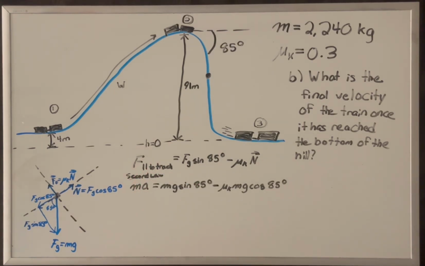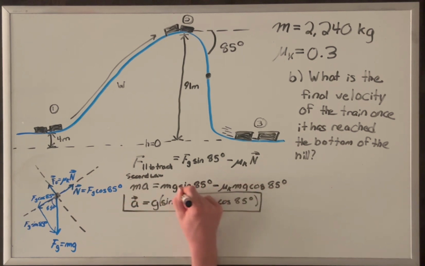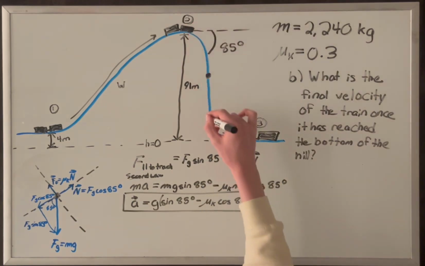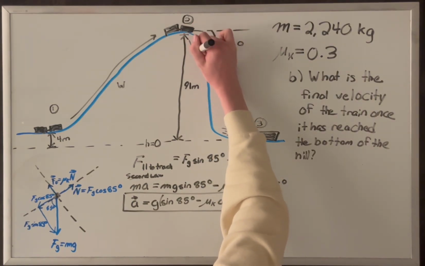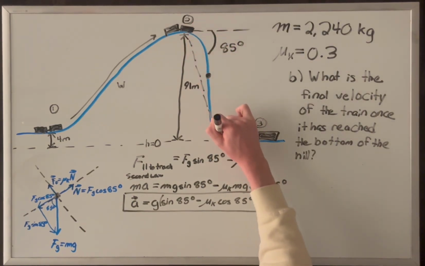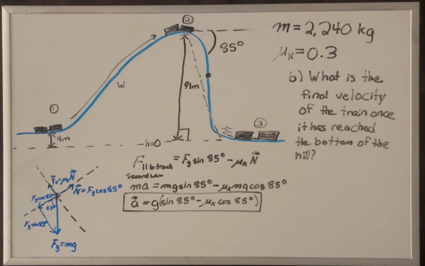So if we plug in for this, and we know that F equals ma due to Newton's second law, acceleration, once factored out, is going to be g times sine 85 degrees minus the kinetic friction coefficient times cosine 85 degrees. Now let's find how far the train traveled on this part using trigonometry.